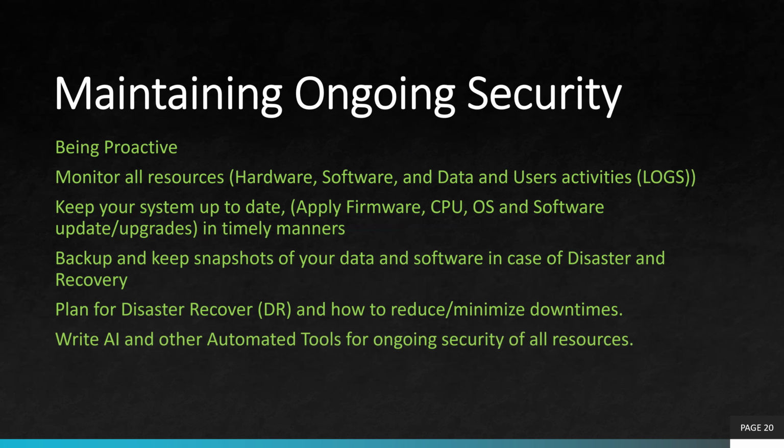Use AI and other automated tools for ongoing security of all resources. Sometimes you write automation tools with a program. Sometimes you could have cloud computing. Sometimes you could have infrastructure that is maybe on the cloud, or maybe Amazon Web Services, or maybe Google stuff on the cloud.